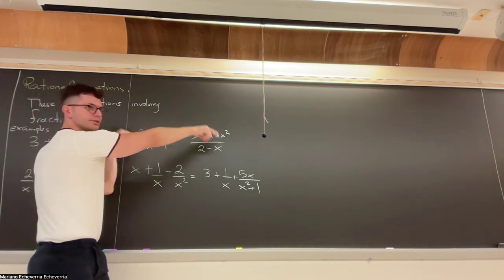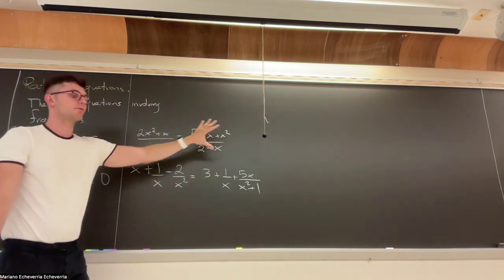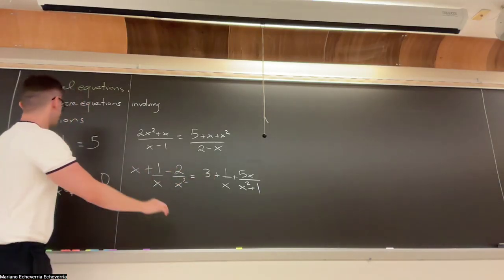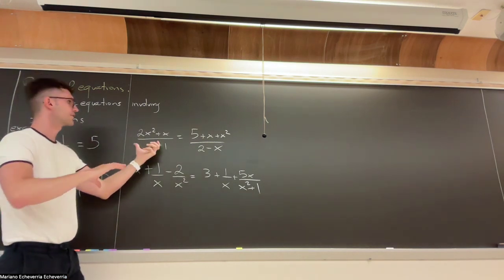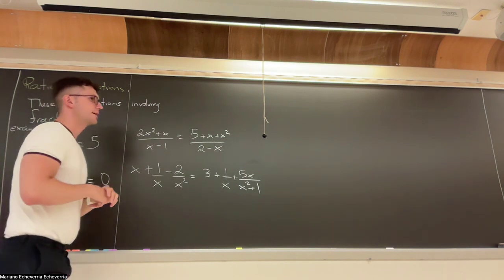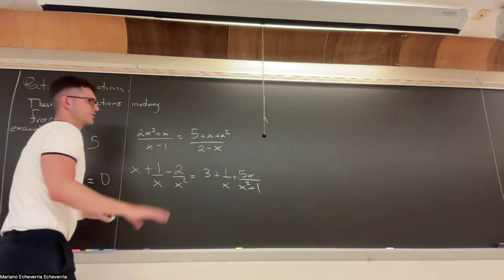So the goal is to get to something like this. This is the presentation that you want for this equation. You don't want to see something like this where there's a bunch of fractions being added or subtracted. You want just a single fraction on the left side and a single fraction on the right side.